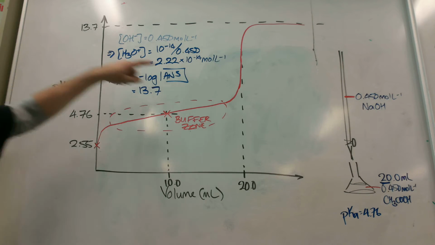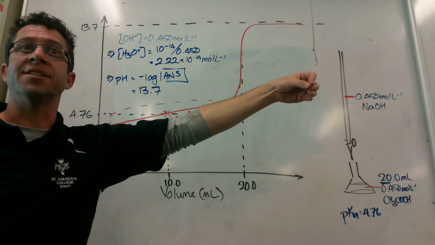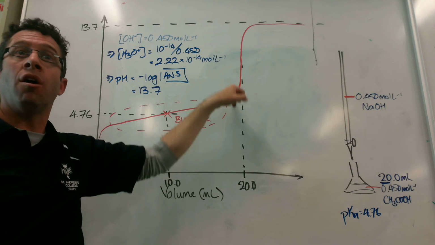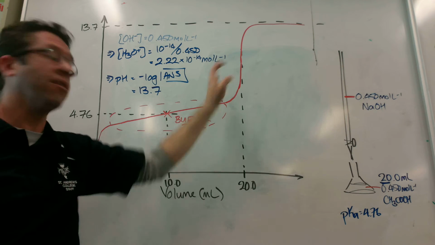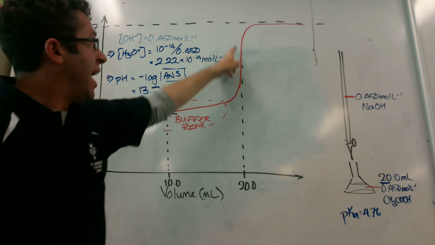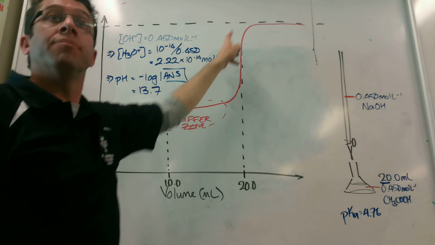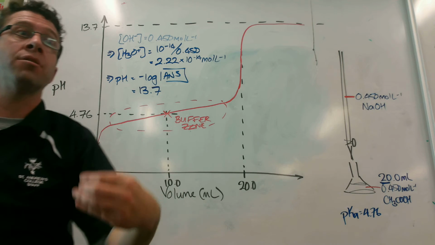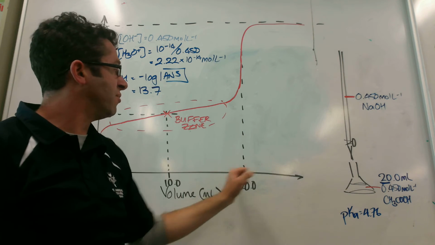Because that means one more drop and it'll change the colour of the indicator. One more drop is going to dramatically move it out of this into here. So it'll have a dramatic effect on pH without having a dramatic effect on volume.